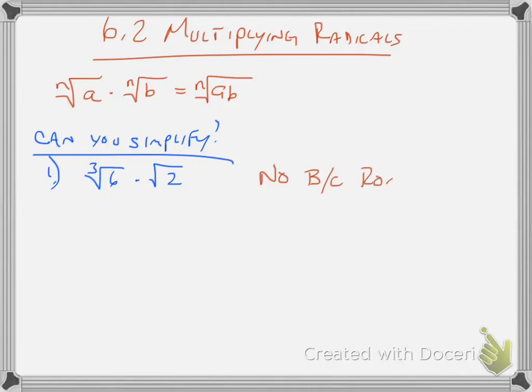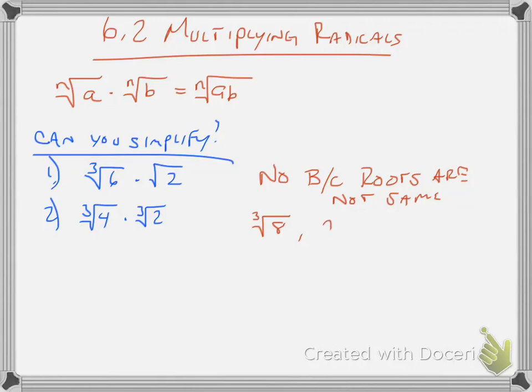The indexes are different. The next one, the cube root of 4 times the cube root of 2. Yes, I can simplify that, and that becomes the cube root of 8, which then in turn becomes 2.